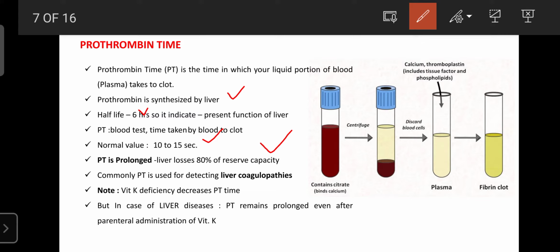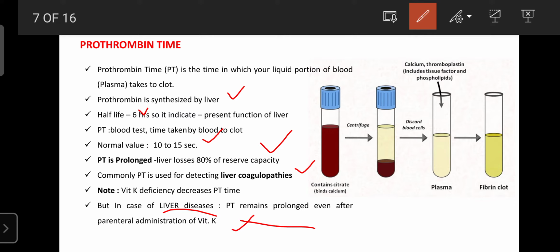Okay, so commonly PT is used for detecting liver coagulopathies, and as well as vitamin K deficiency, vitamin K is required for prothrombin. So in the case of liver diseases, the PT remains prolonged even after administration of vitamin K.